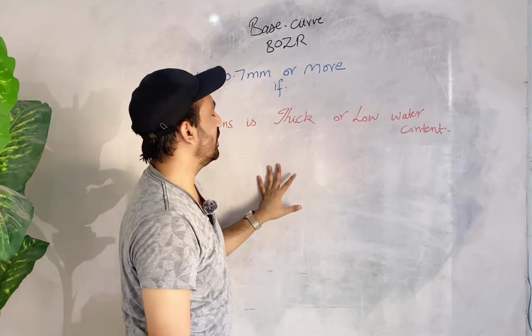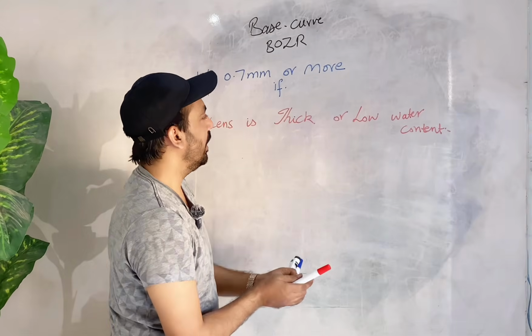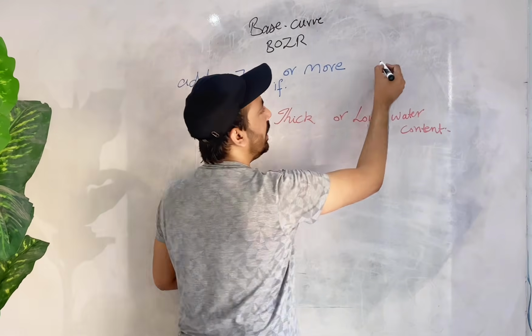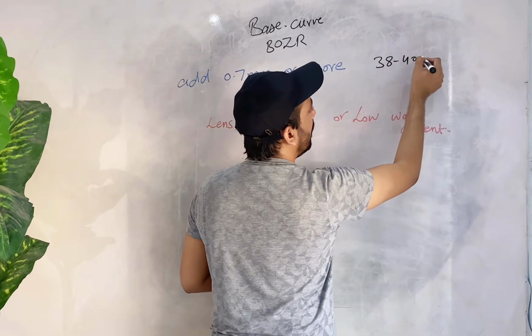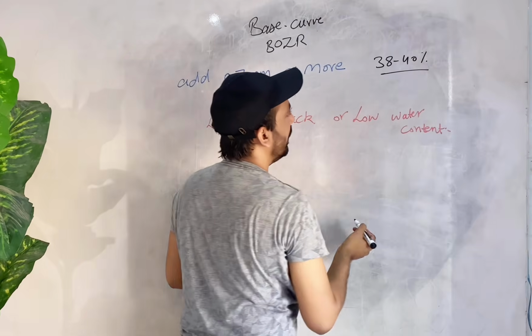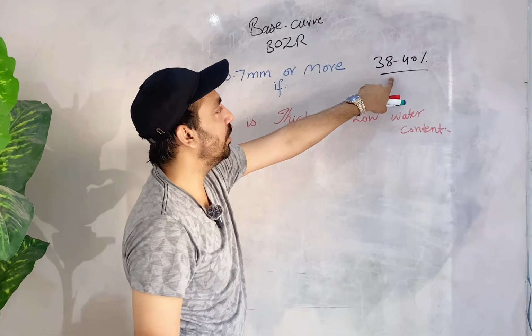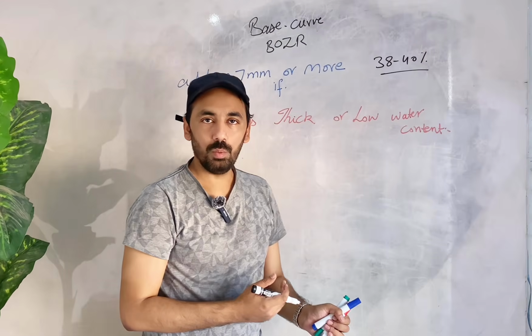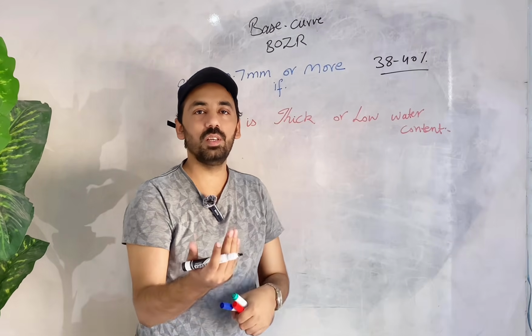So what will we do in this condition? For example, if you choose a contact lens of approximately 38 to 40% water content, this is the lowest value of water content, right? You know very well that up to 40 is low, medium is up to 60, and more than 60 is high water content.